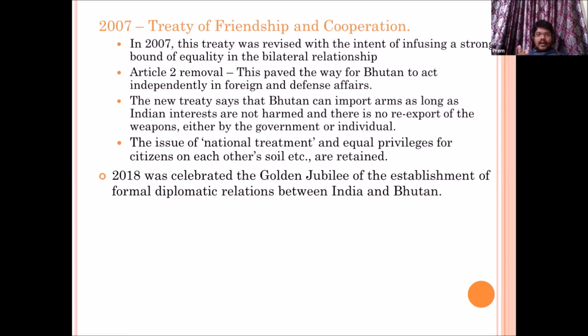And second thing, as you see here, this treaty was signed to introduce a strong bond of equality in the relationship. And next thing, apart from foreign affairs, in defense, Bhutan can import arms from any country. Before, it had to import only from India.